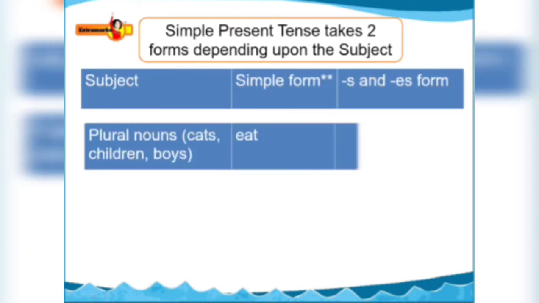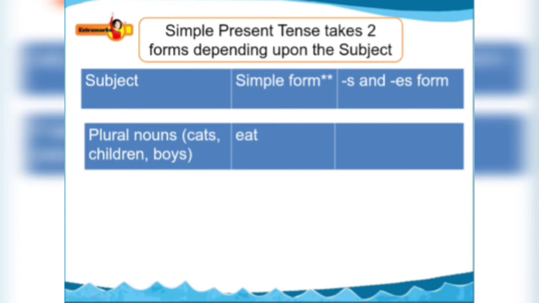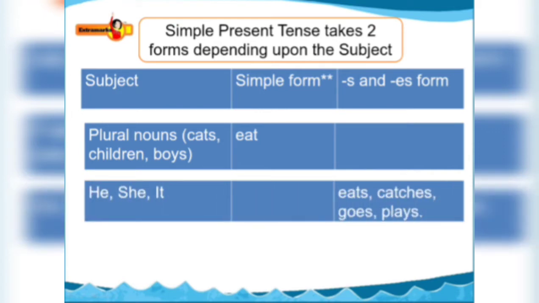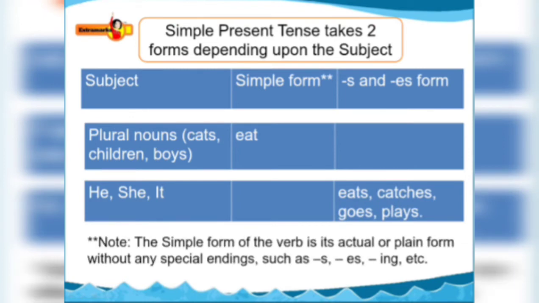With plural nouns such as cats, children, boys, etc., the simple form of the verb eat is used. But if the subject is a third person, such as he, she, or it, we use eats, which is the singular form of the verb eat.